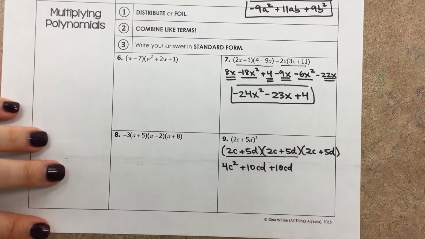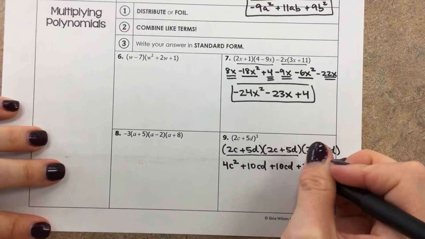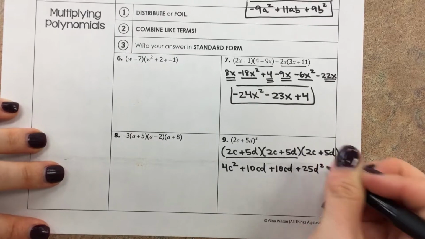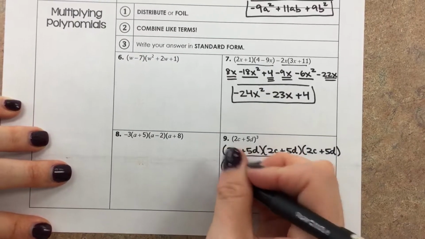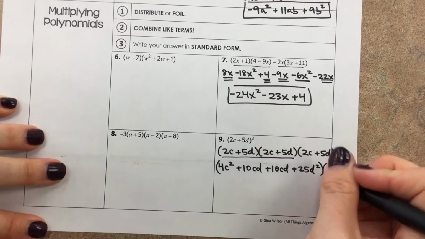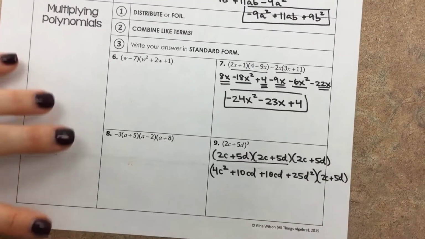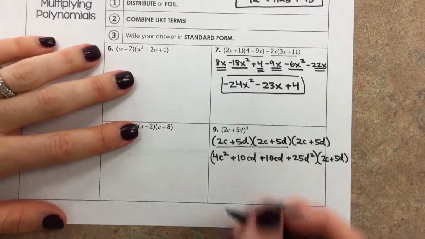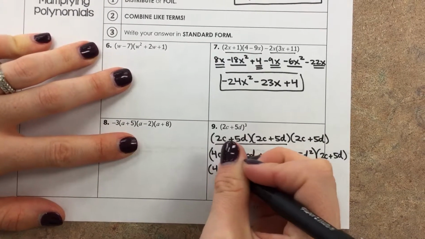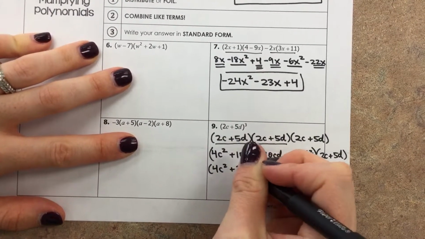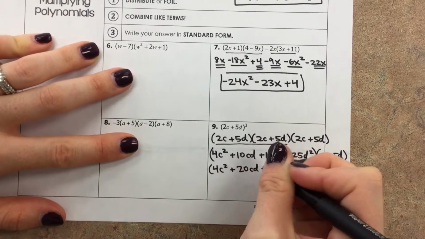And last, 5d times 5d would be 25d squared. So that's just this. And then I still have to multiply by 1 more copy. So this is gonna run over a little bit here. So let's combine these up first. So in the middle, I can combine up a 20cd.